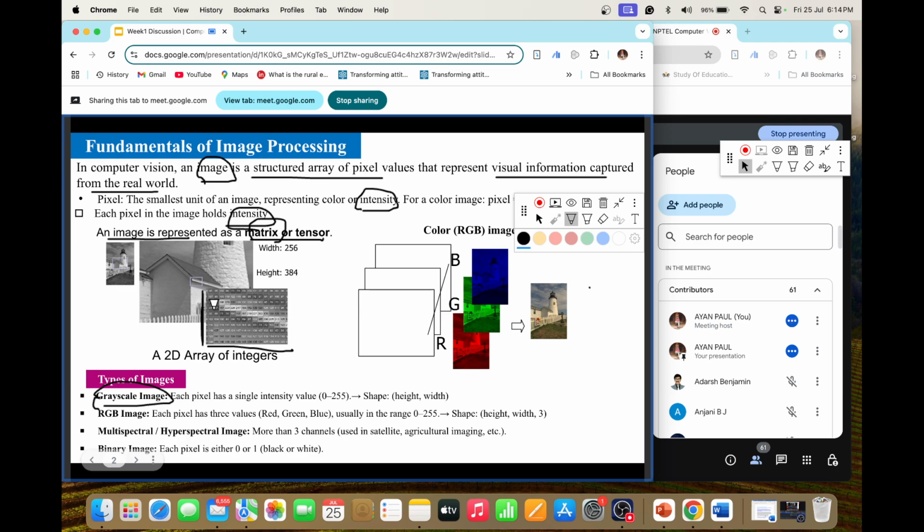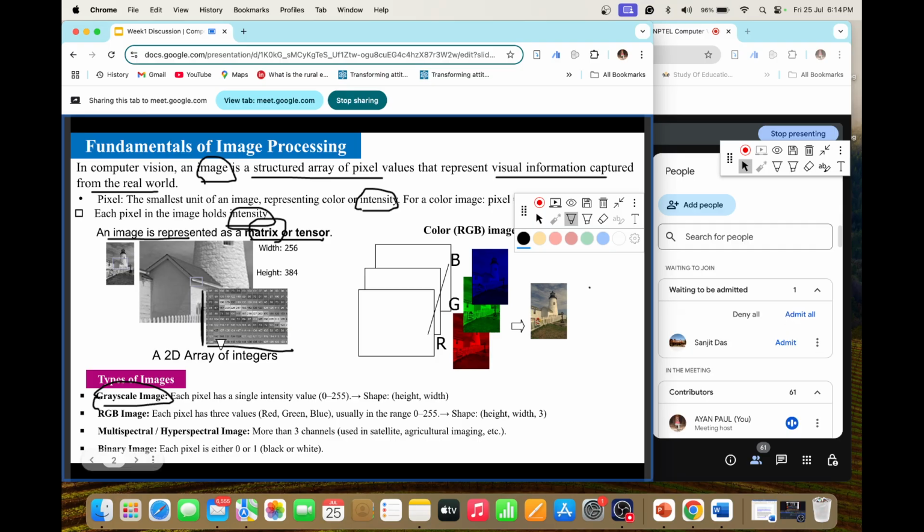I have told you a grayscale image has a number of pixels forming the row. For example, let's say it is a 32 cross 32 pixel image. That means 32 pixels in the row and 32 pixels in the column. In 32 cross 32, each cell will consist of a value from 0 to 255, because popularly we are dealing with a 1 byte image. 1 byte means 8 bits, so 2 to the power 8, that means 256.